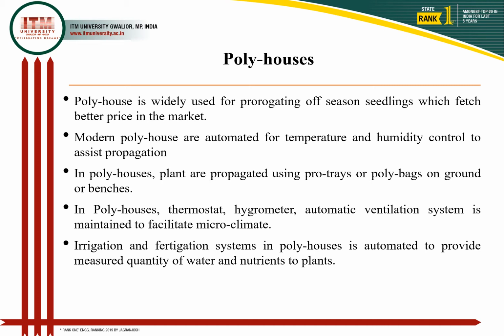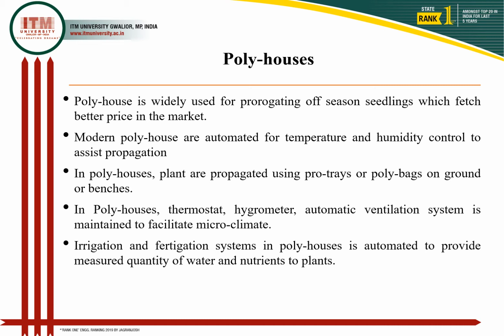They have a very good strength of polyhouses, and they produce a huge amount of seedlings, especially various citrus species, on time because of the existence of polyhouses. Even the modern polyhouses are automated, because we can control the temperature and humidity. They work on a sensor-based concept and are well regulated.